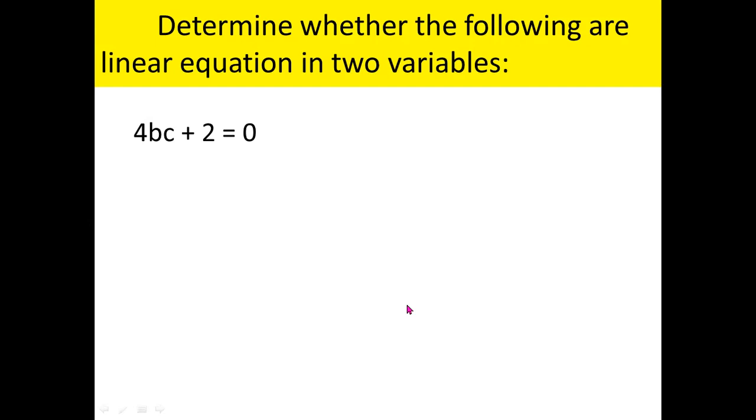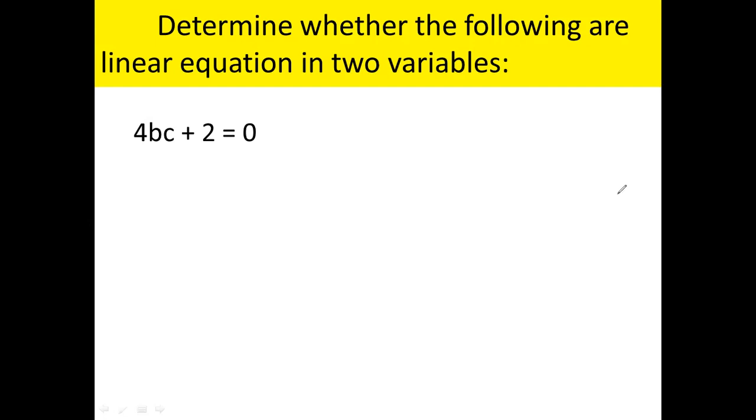Sui? Yes or no? Okay, look at it. 4bc plus 2 equals 0. Is that a linear equation in two variables? Yes or no? All right, I will go back to you.